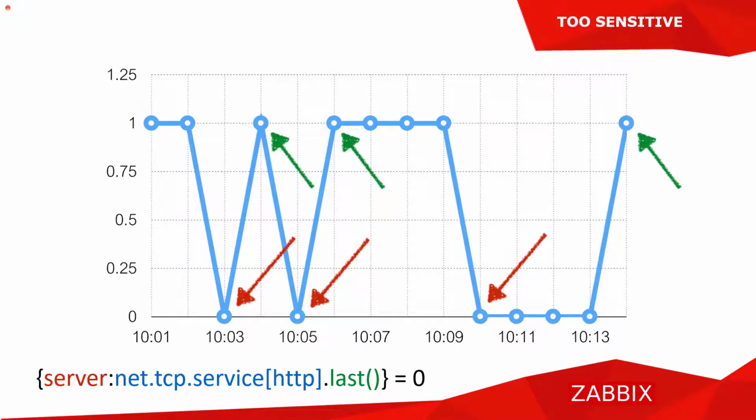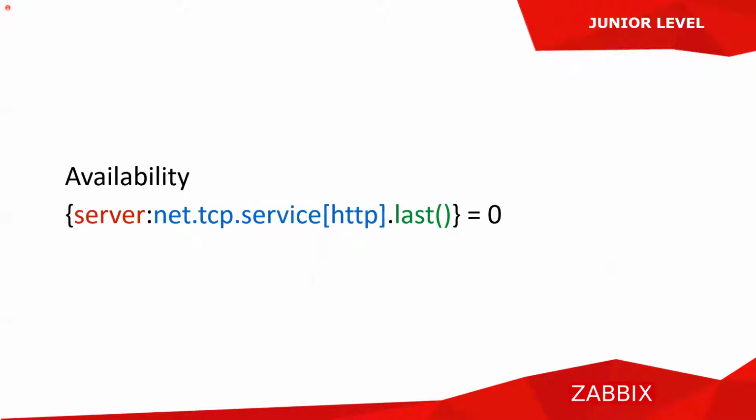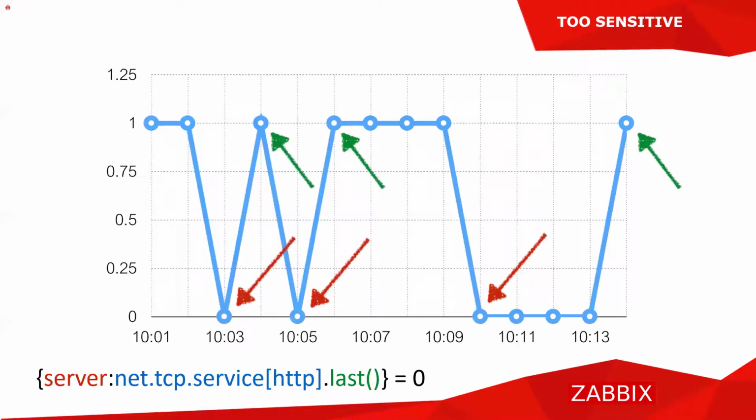And since the HTTP service can, for example, have some problems or report not so correctly, you could see flopping and a lot of events being created in your frontend and stored in your database, and even a lot of notifications can be sent to you about the situation. So again, even though last is a quite easy trigger to calculate, it can still lead to a lot of unnecessary flops.